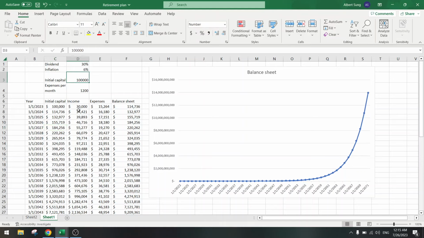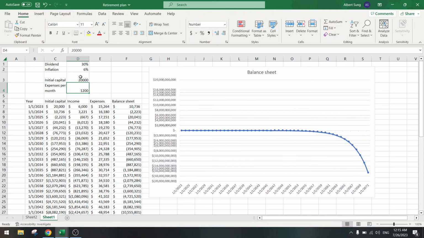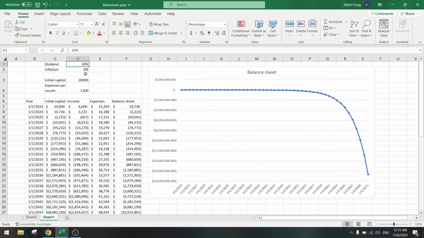So, of course, you also need initial capital. If you don't have initial capital, that's a problem. Let's say you only have 20,000 of cash, then this is not going to work, this 30% dividend technique. So you need to save some initial capital to start compounding. And that's important.